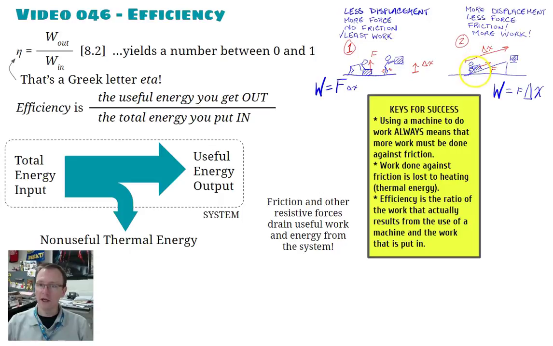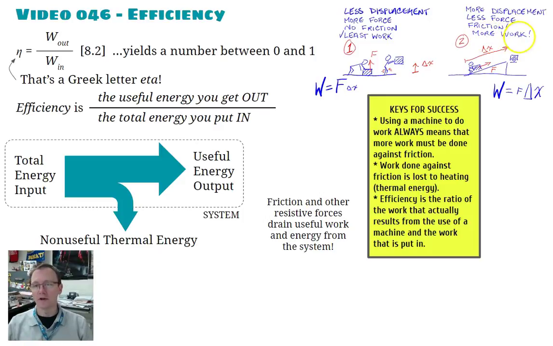On the other hand, if I come over here to situation 2, you can see that I had to apply it over more displacement, but I'm able to do it with less force. The problem, though, is I'm not just fighting against the parallel force that's down the ramp, I'm also fighting against friction. And that friction takes away some extra work. I have to do more work to push it up the ramp because I'm doing work against the friction.